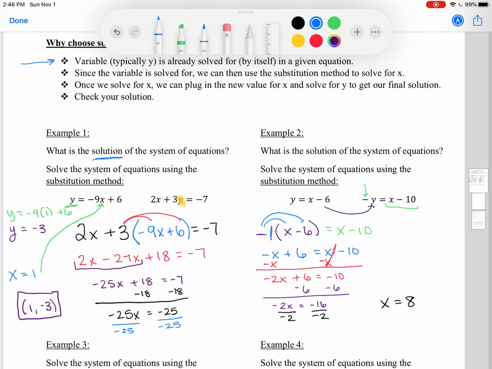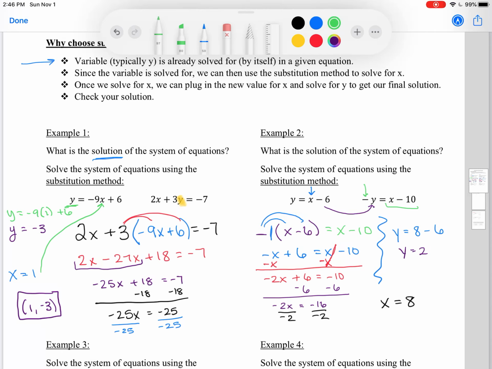Again, that's just your x, but we need both our x and our y. So we're going to make sure that we take this x value, go back to the original function, and I'm going to swap out x with the number 8. So that's going to be over here on the right.